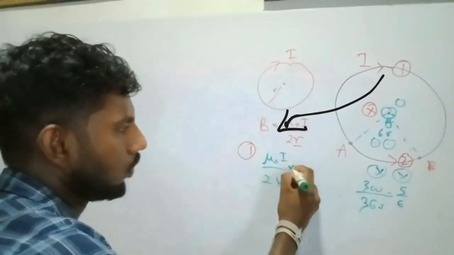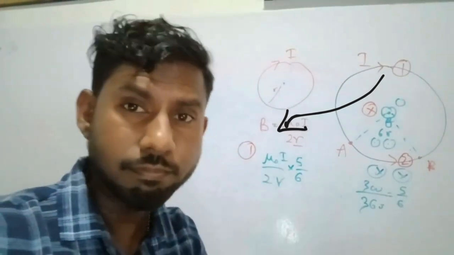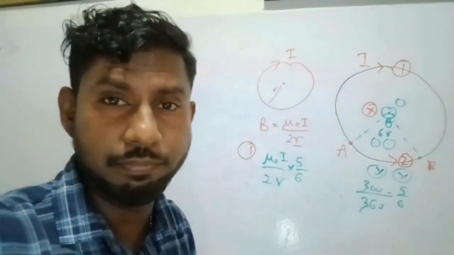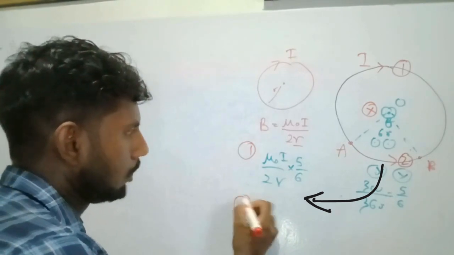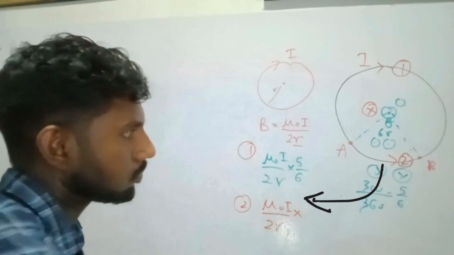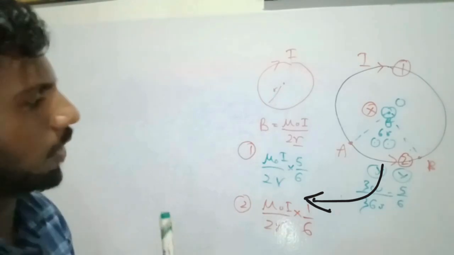In the same manner, for the second part, mu naught I over 2R, the fraction is 60 over 360, which is 1 over 6.